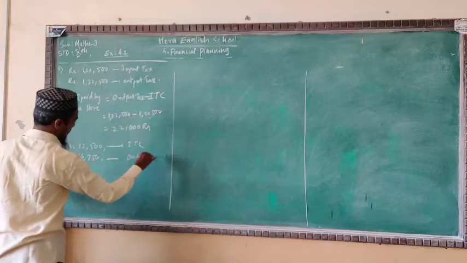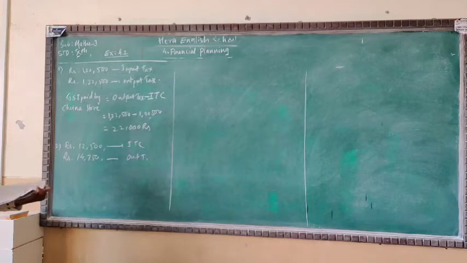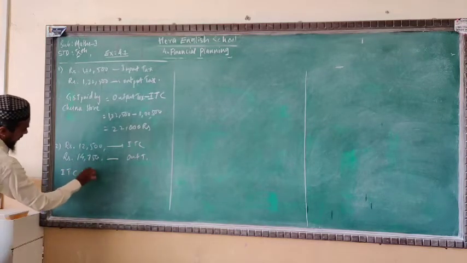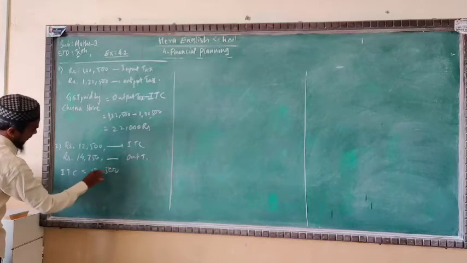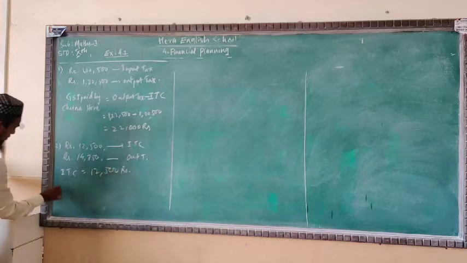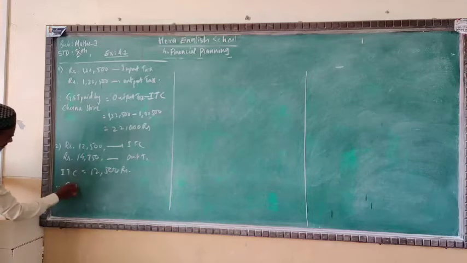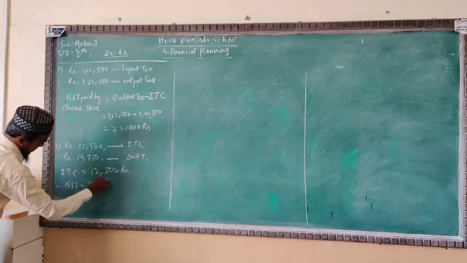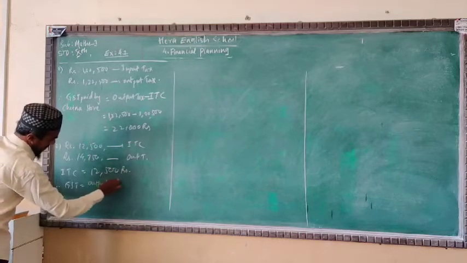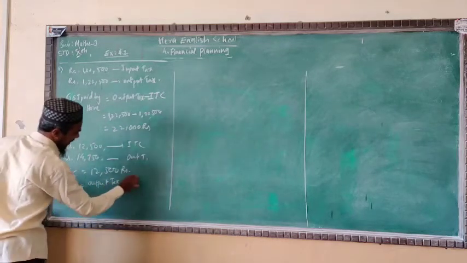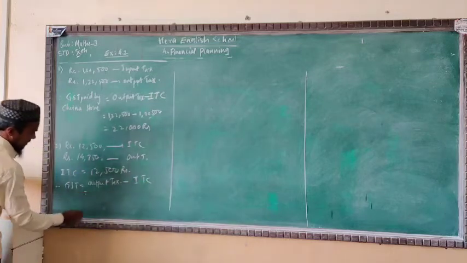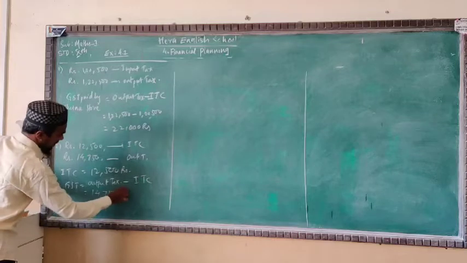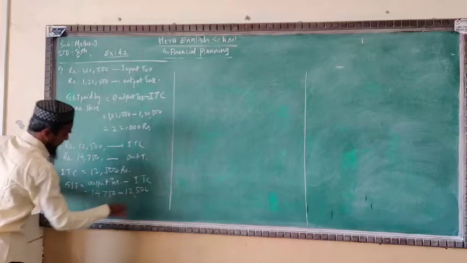Okay, see here very well, all of you. What we have to bring first, ITC will be there, the 12,500. And we have to bring the GST also. GST is equal to output tax minus ITC. Here we have the given 14,750 minus 12,500.